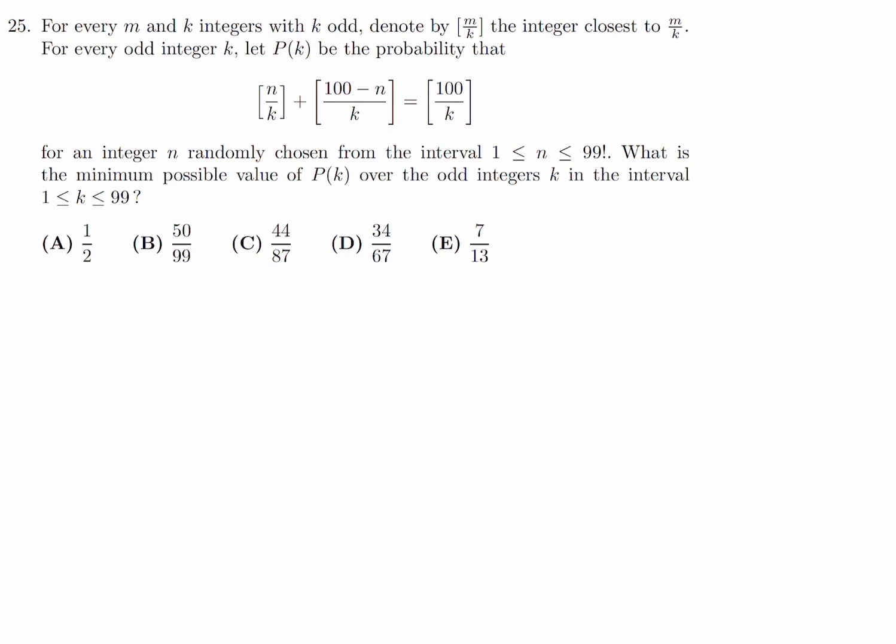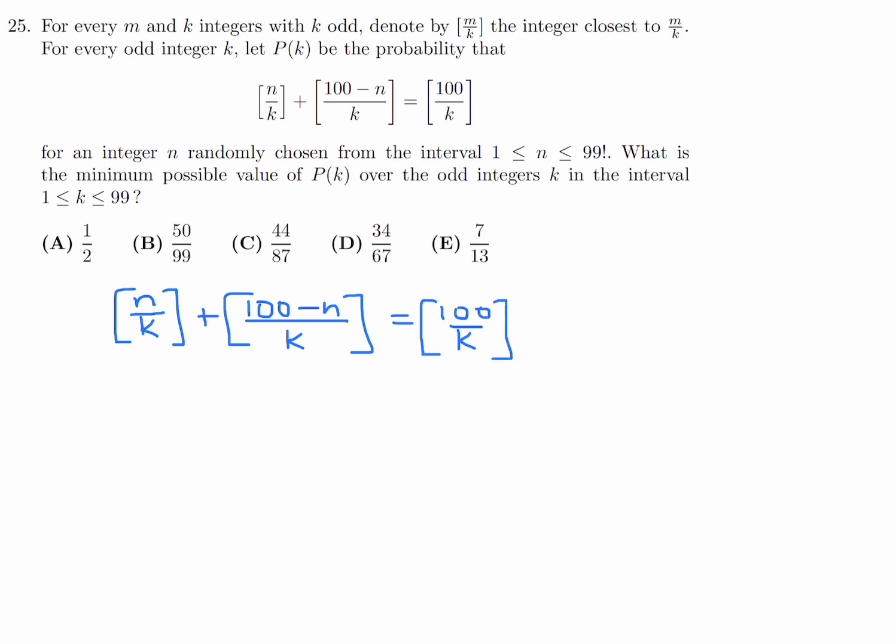Well, the first thing I'd like to notice, or help you notice, is that if you take the original equation that they give you, and instead of n, you make a substitution of n minus k, it still remains valid, right? You can put that in there.